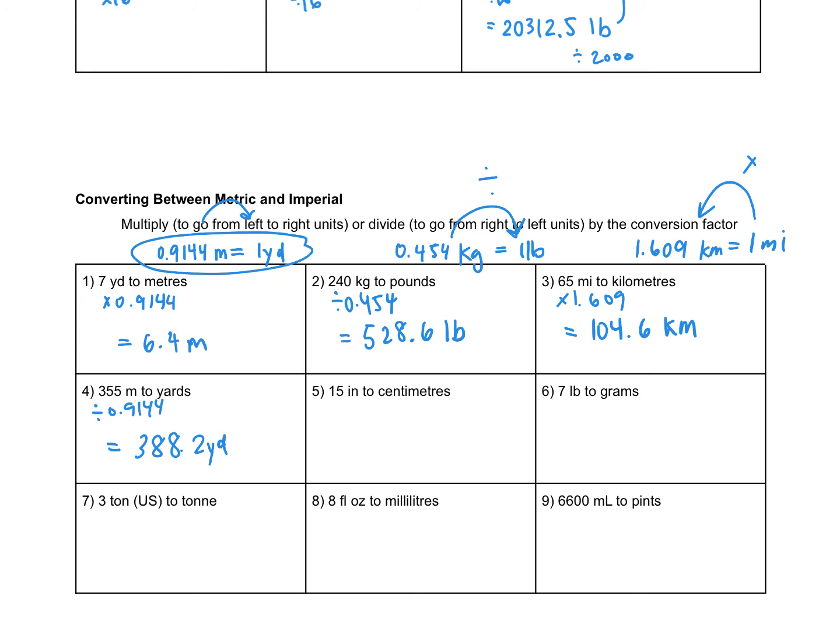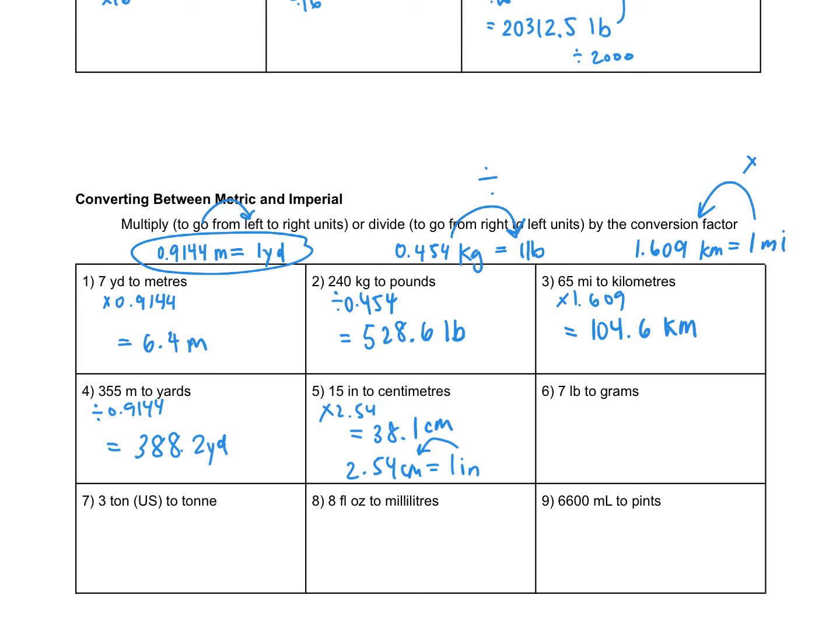Looking at your conversion sheet, 2.54 centimeters equals 1 inch. But I have 15 inches. I'm going in this direction. 1 inch is 2.54. 15, well, let's just multiply. 15 times 2.54. And if you got 38.1 centimeters, that is great.